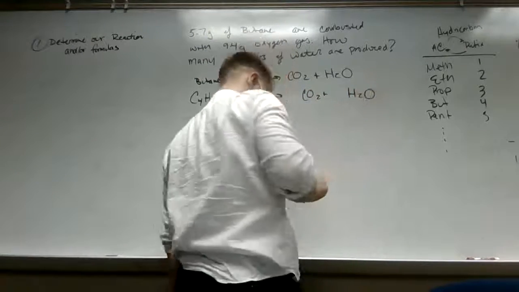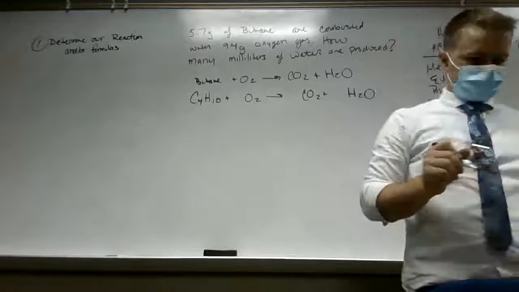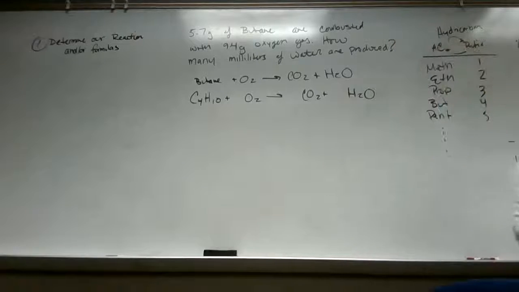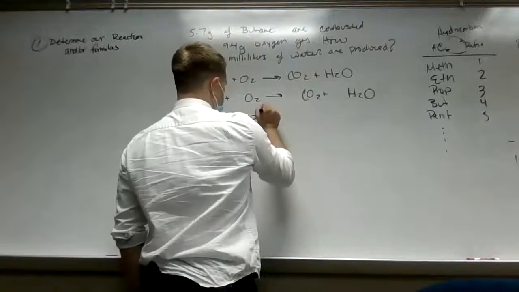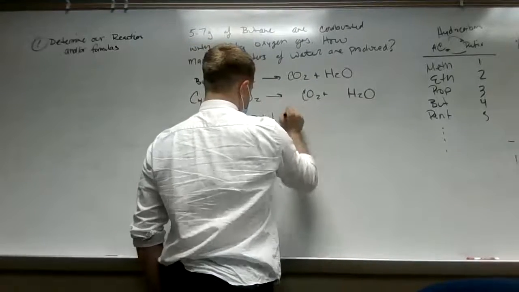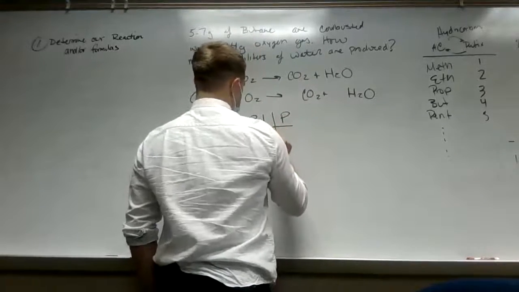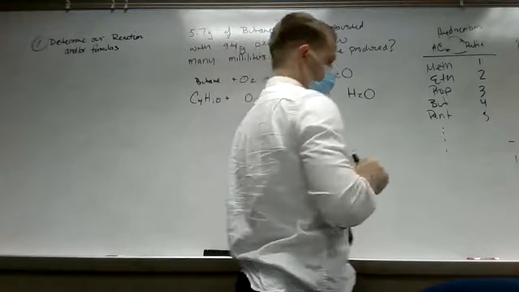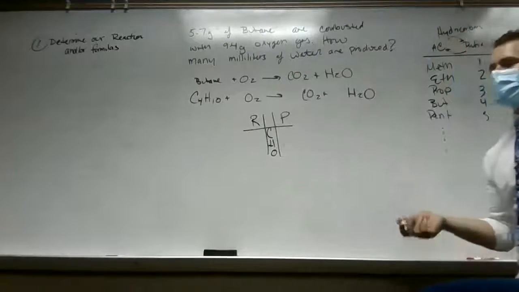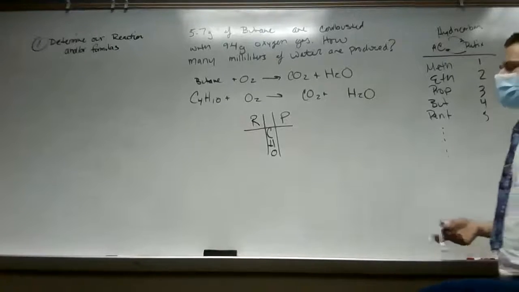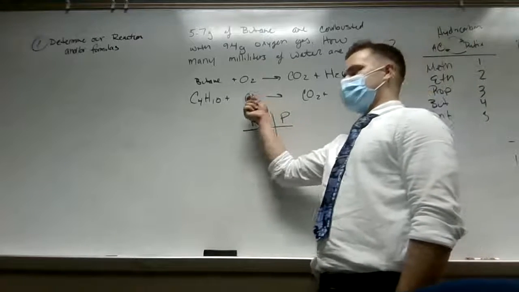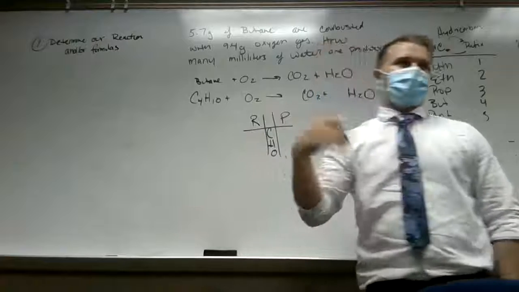What is our next step? Balance it. So we're going to set up our table here of reactants and products. CHO, that order is going to work the best. Remember to have whatever is by itself be last, regardless of what you're balancing. So in this case, we have oxygen by itself, so we're going to put oxygen last.